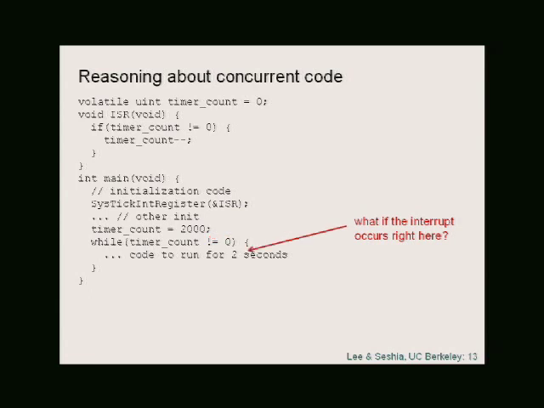So you expect the interrupt to happen inside the loop, and then you decrement timer count, and when timer count reaches 0, then you're happy. But you have all the same issues here that you had right after the timer count equals 2000 statement. So the interrupt can happen multiple times, and none of this code might have made progress. Okay.